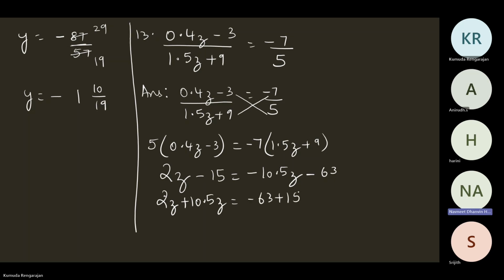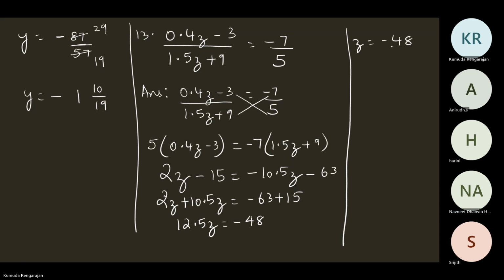So, 12.5z is equal to minus 48. z is equal to minus 48 by 12.5. Then after this? Simplify.